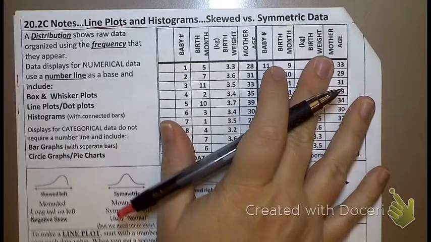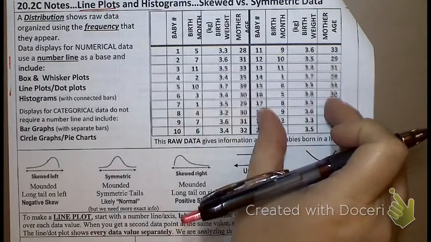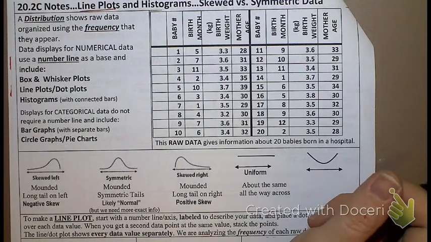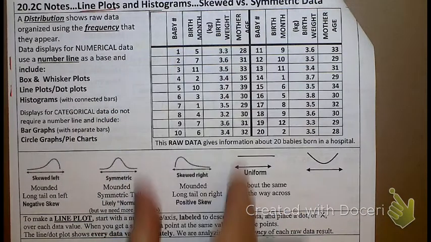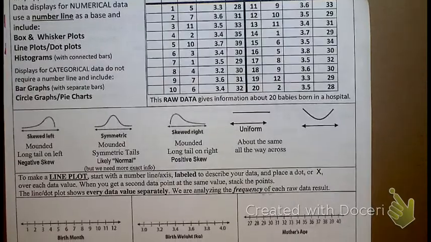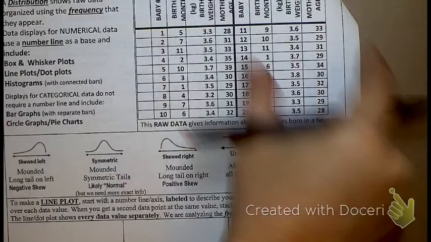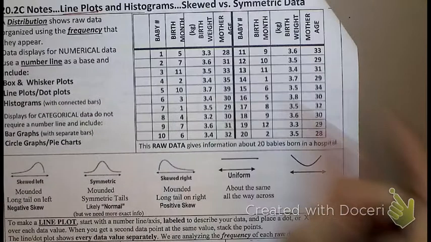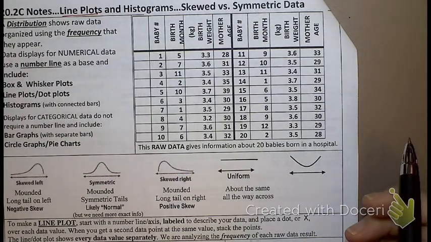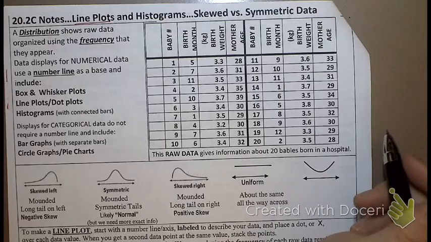So, here is a table of data, okay? And this table of data actually is a very long table of data, but we wanted to save some space, so we cut off the bottom half and just placed it right up here. All right? What is this table of data talking about? What kind of information are they giving me?